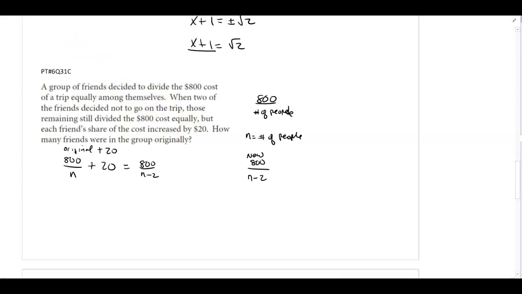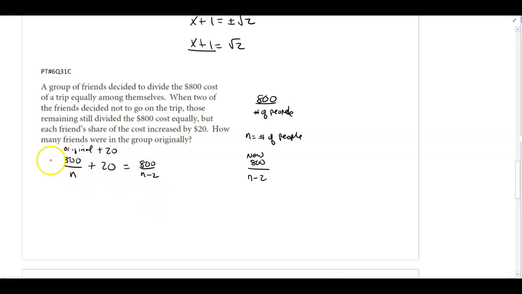Now, to solve this, it's a little more difficult than just cross multiplying. When I go to solve this, I think the easiest way to do this is to basically multiply everything by what I call the canceler. Now, this is a calculator question, so you could use a calculator.